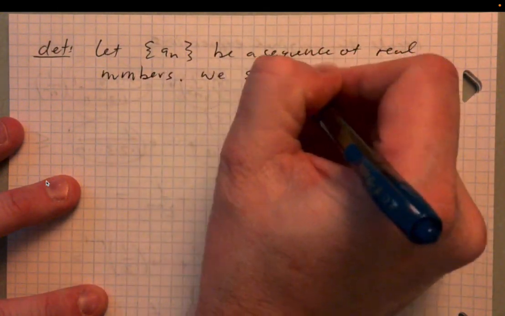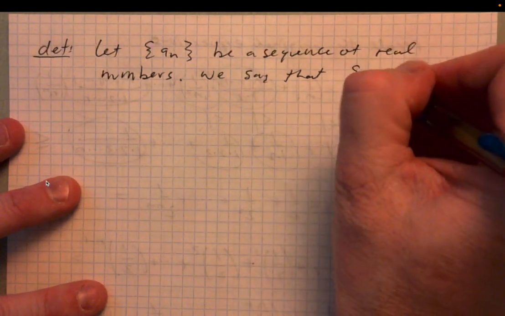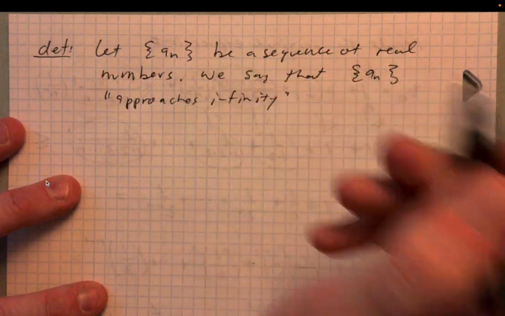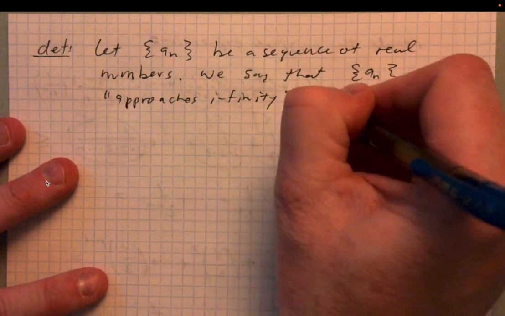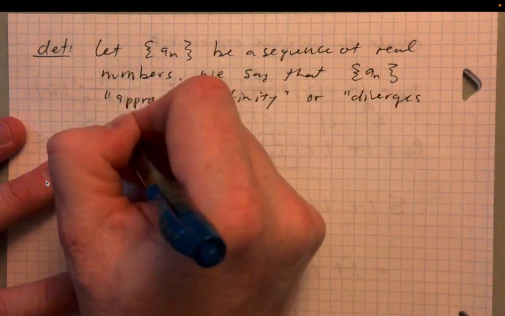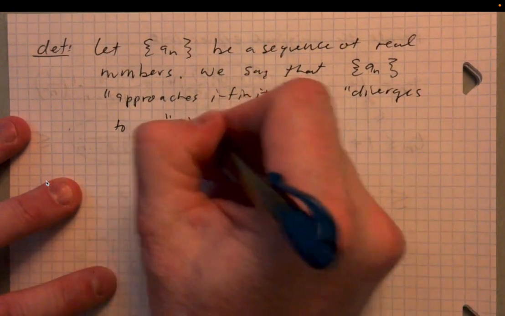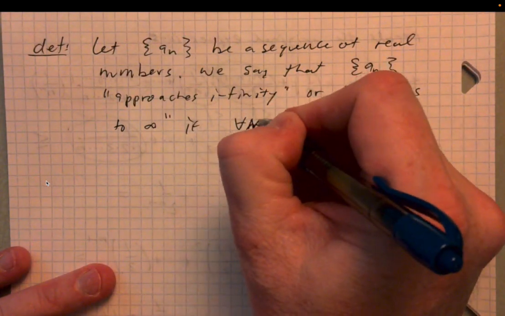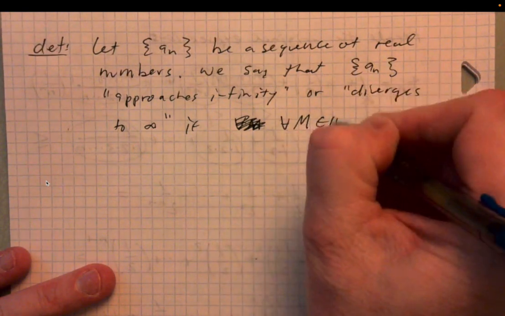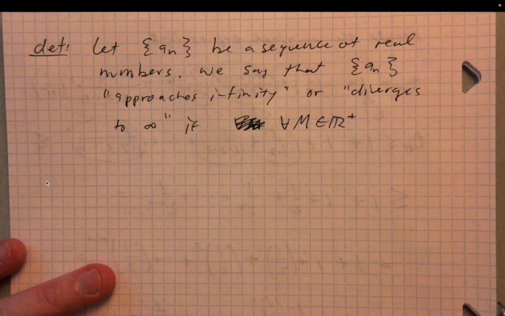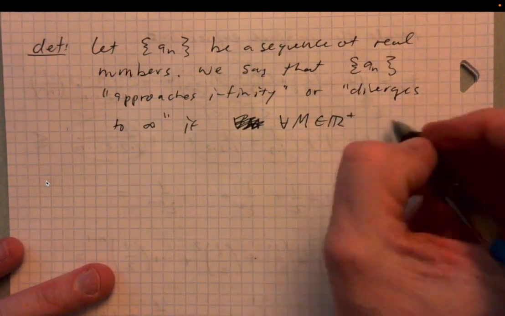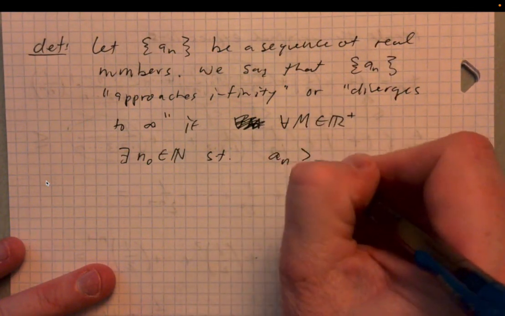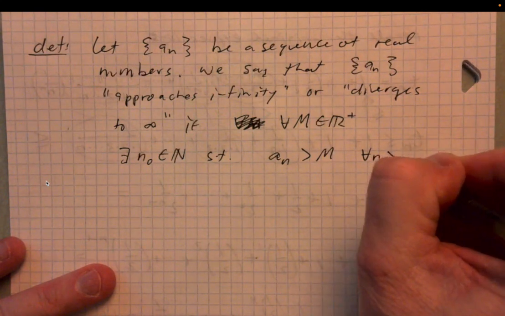Okay, so we say that a sub n, the sequence, approaches infinity, or we could say it diverges to infinity, if, and here's kind of how you would technically think about this, for all M in the positive real numbers, there exists n naught, a natural number, such that a sub n is greater than M for all n greater than or equal to n naught.